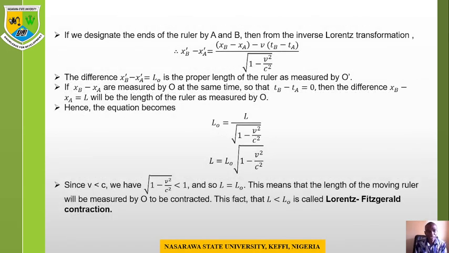So if we designate the ends of the ruler by A and B, that is, one end of the ruler is designated by A, while the other end of the ruler is designated by B. Then from the inverse Lorentz transformation, xB prime minus xA prime will give what we have on the screen.